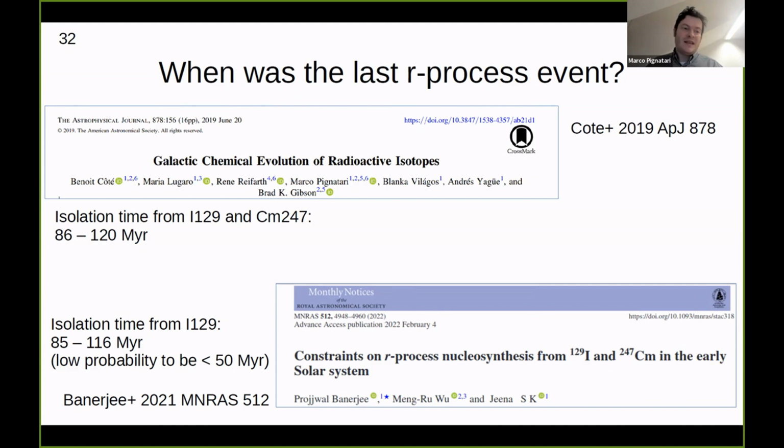From past analyses like Côté et al. 2019 or Banerjee 2021, by using iodine-129, there is this typical waiting time between 80 and 120 million years. But as Banerjee says in his paper, this also depends on how many sources there are and what they produce, and the only warning or caveat here is that we need to be careful that the n process could be one of these sources, one of these extra contributions to iodine-129, that could make all of these analyses more complicated.